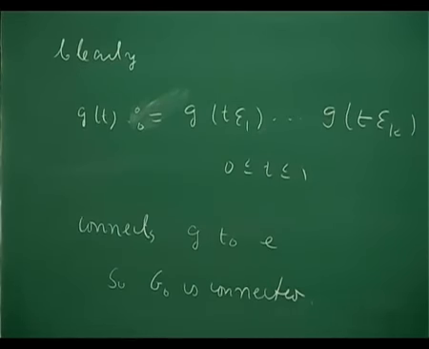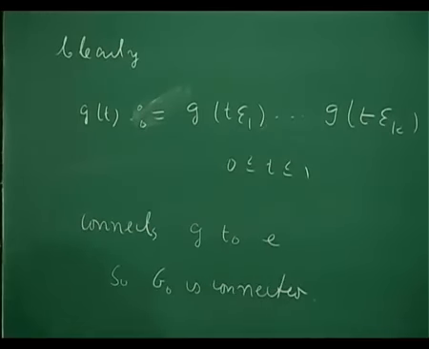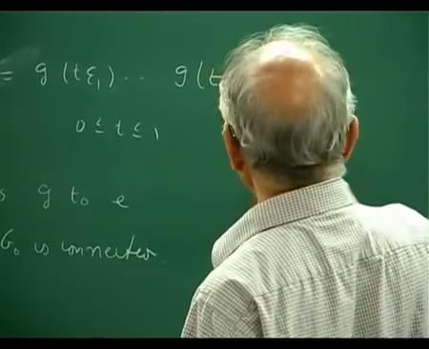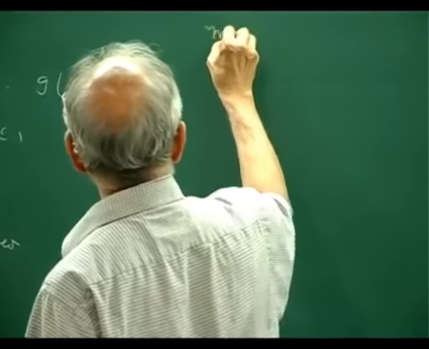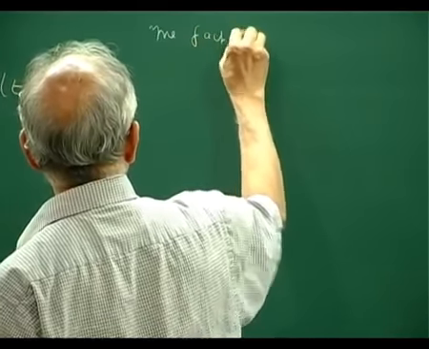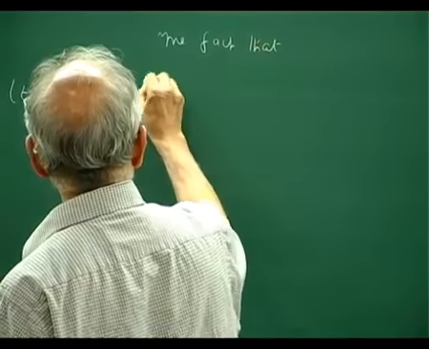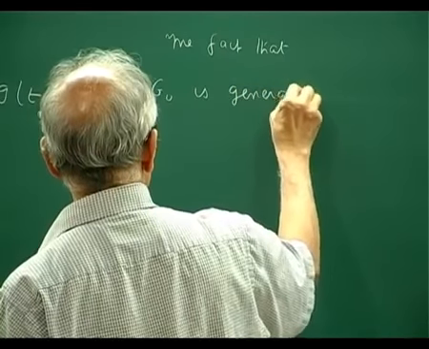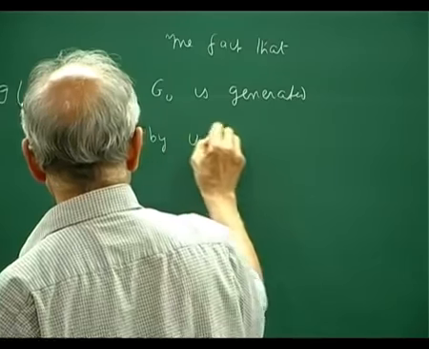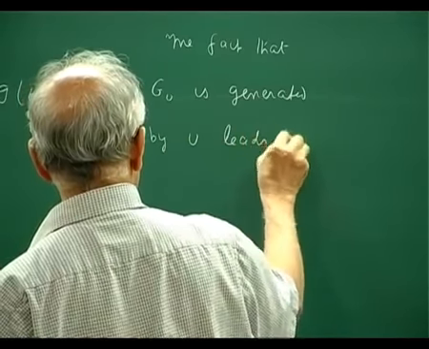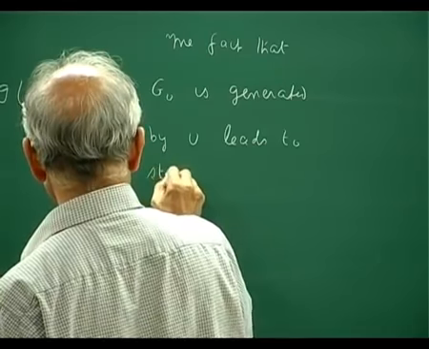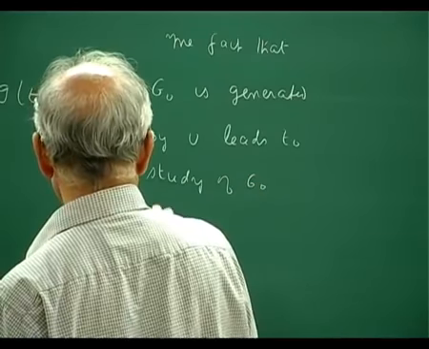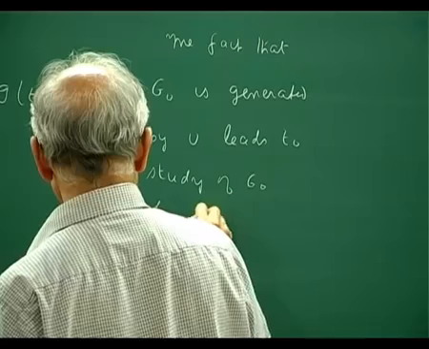So the importance of this is the following. The fact that G0 is generated by U leads to the study of G0 from the neighborhood of identity.